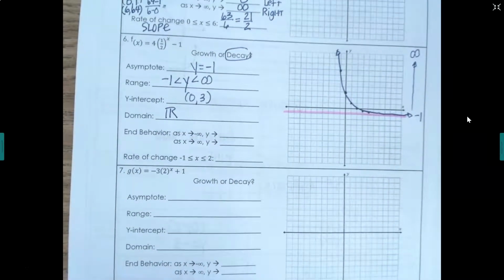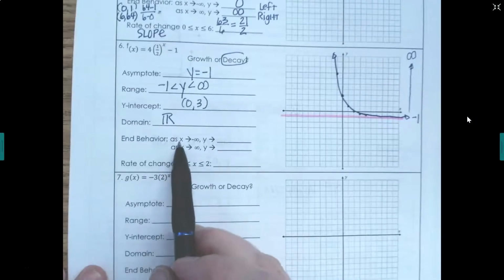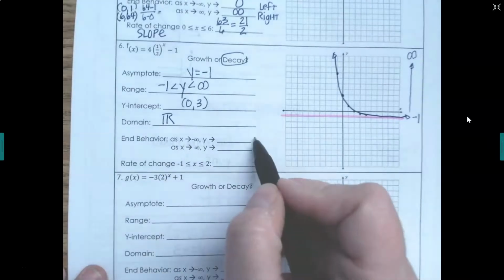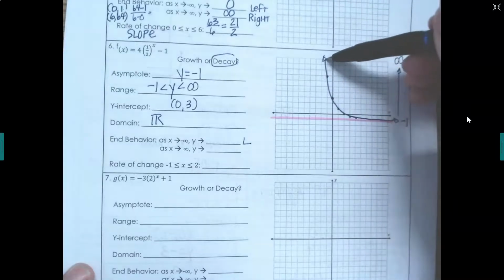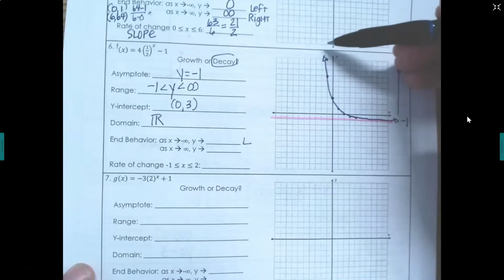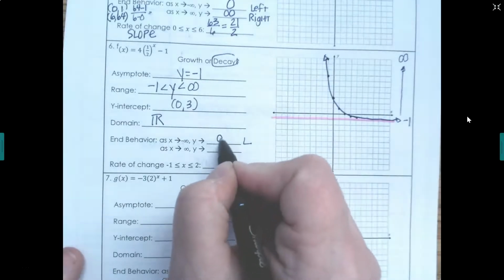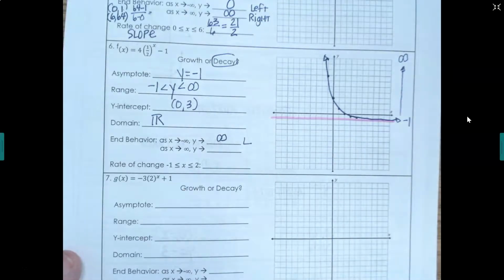End behaviors. Okay, let's look at this. This says as x approaches negative infinity. That's the left-hand side of the graph. So as x approaches negative infinity, where's the graph going for my y values? Is it by the asymptote or is it going into an infinity? This one is going up forever and ever, so my y's are going into positive infinity.